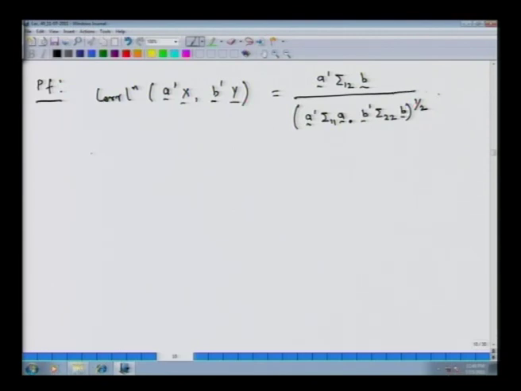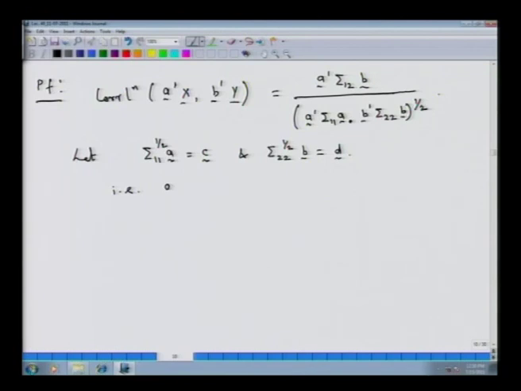Now, in this expression, let us define sigma 11 to the power half A as a vector C, and sigma 22 to the power half times B as a vector D.